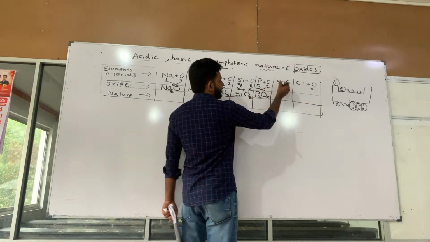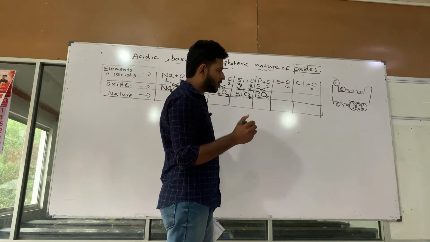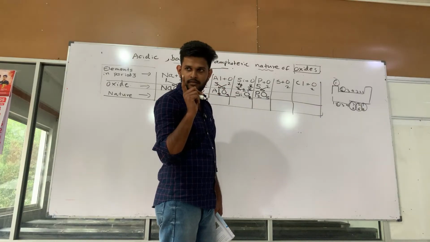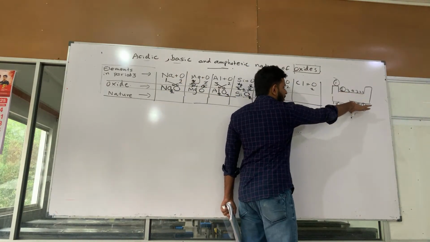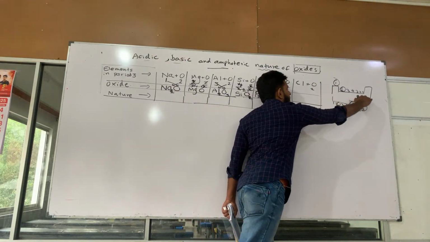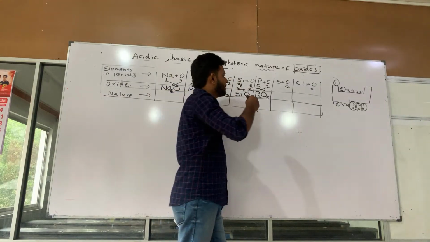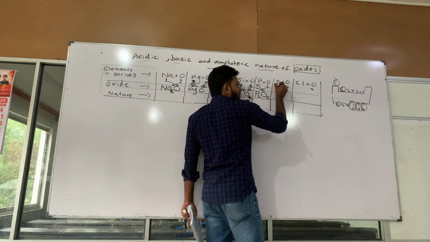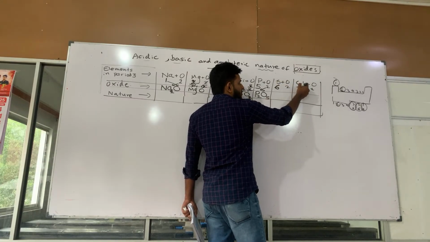Here, what happens? Sulfur and oxygen is here. Sulfur can take both 2 and 6. Most probably, the lower valency is taken by these lower elements. I mean group 3 elements. Right? Then what is the valency? 6. Then think about here, what is the valency? 7.